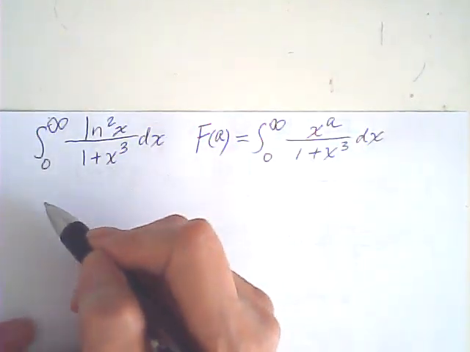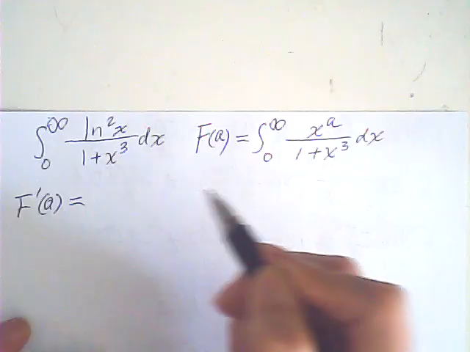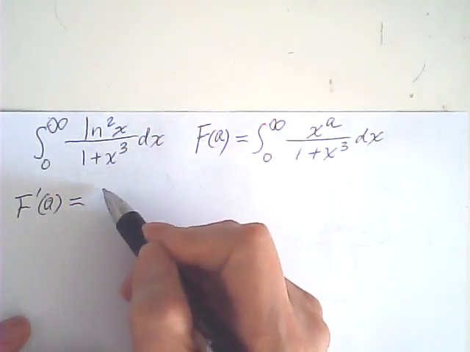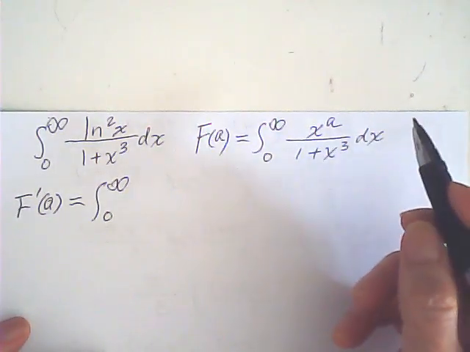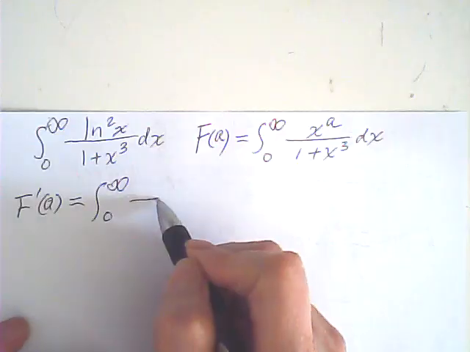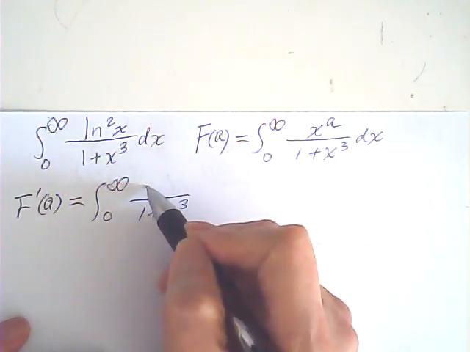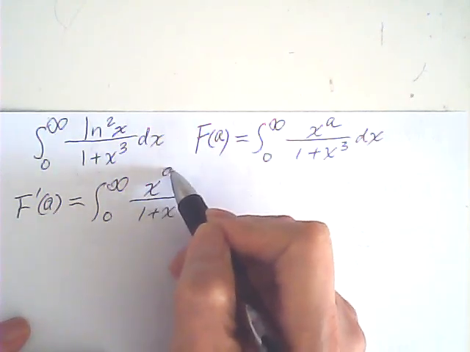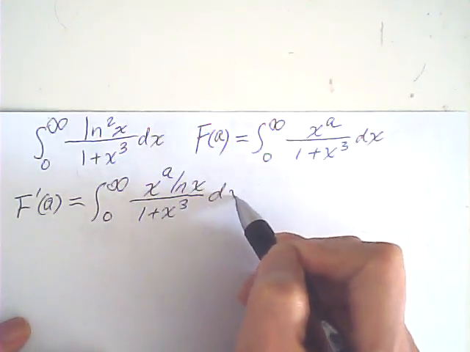Then f prime of a will be the partial derivative of this integral function with respect to a. So x is constant, and this will be x to the power of a times log x.